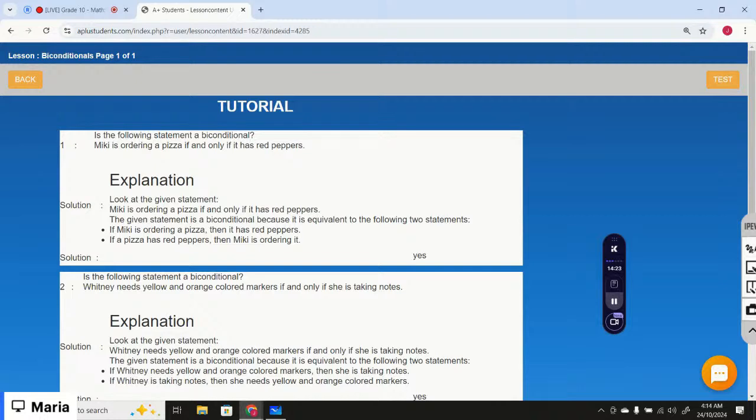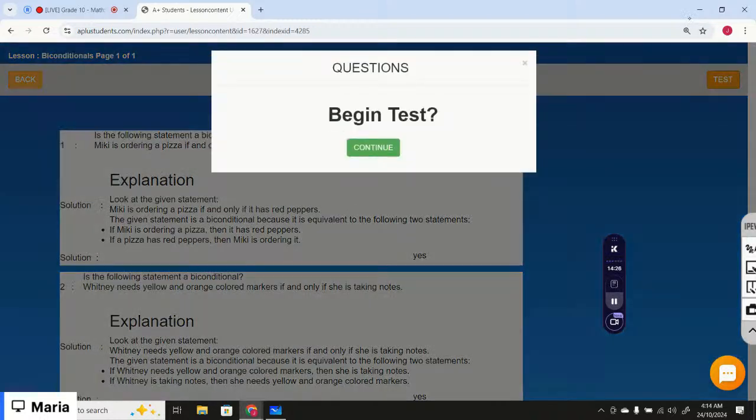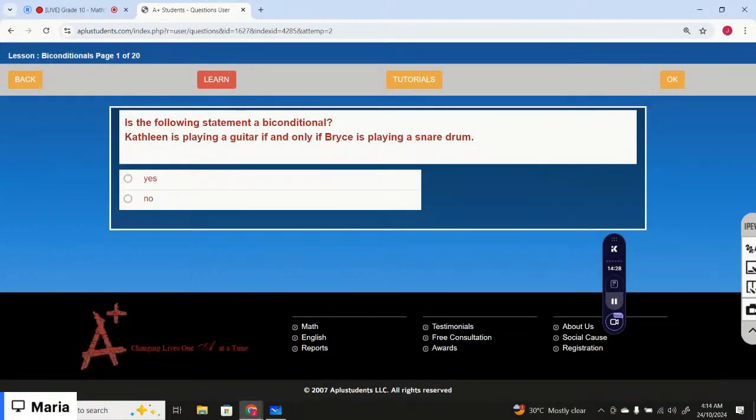Okay, let's just start with the test questions. Is the following statement biconditional? Kathleen is playing a guitar if and only if Brace is playing a snare drum. So, which is the correct option?